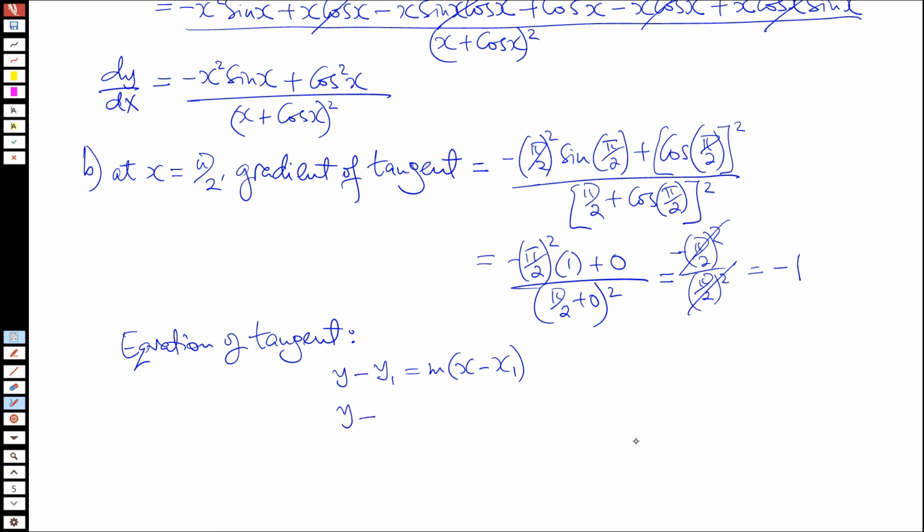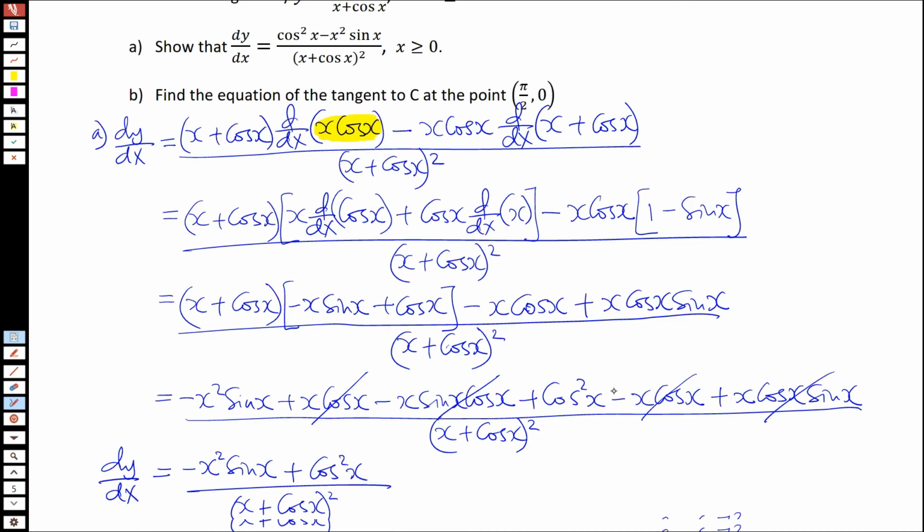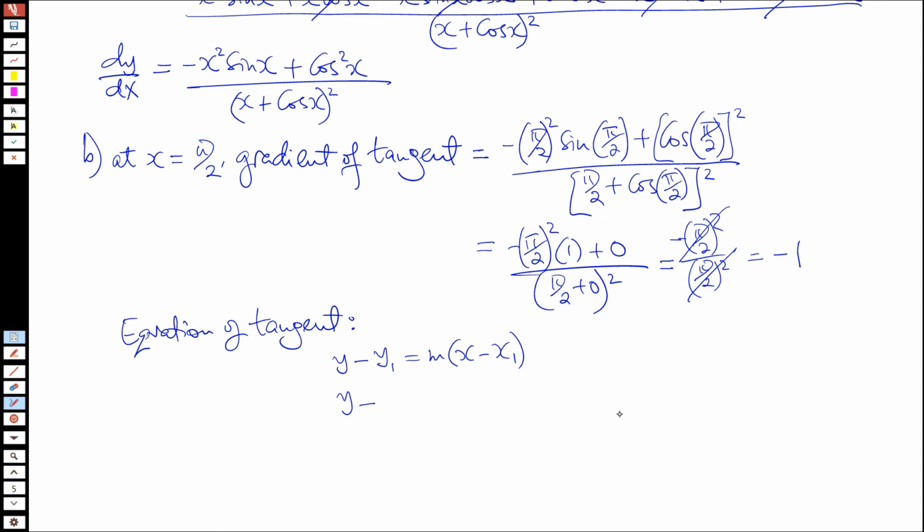Now our y1 is 0 and our x1 is pi over 2, and our gradient, which is m, is negative 1. So plugging those into this equation, we'll have 0 is equal to negative 1 into x minus pi over 2, which means y will be equal to negative x plus pi over 2. And that will be the required solution.